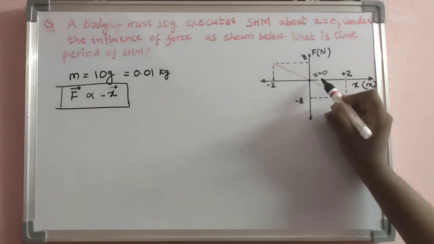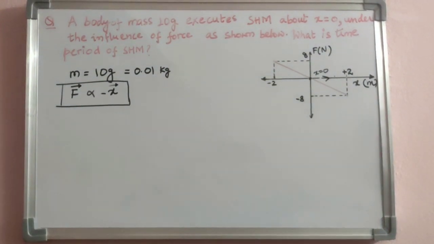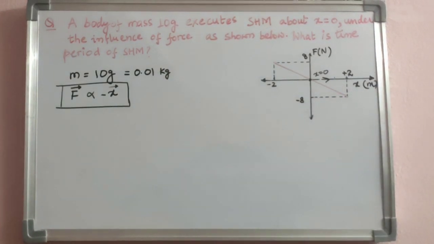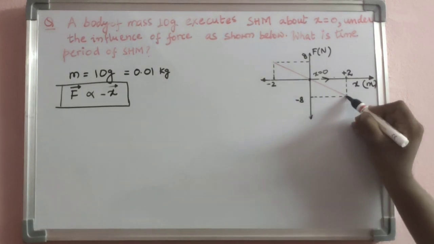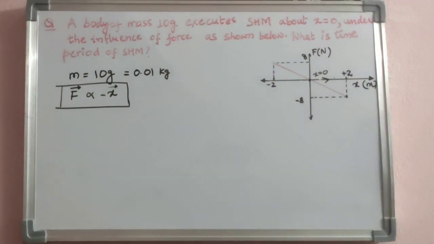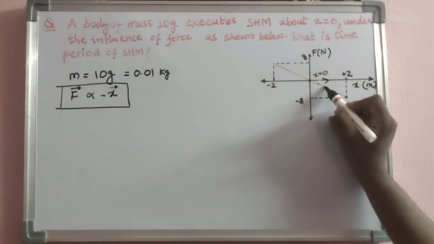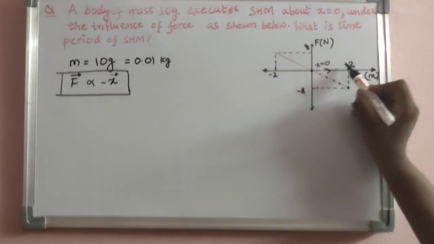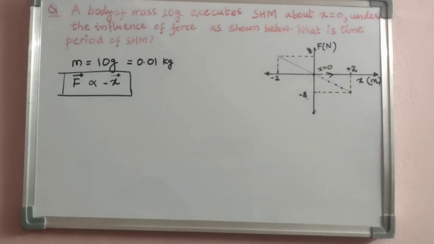Suppose the body moves from x equal to 0 towards x equal to plus 2. What happens there? The force acting on the body is -8. Wherever you take any point along the graph, when the displacement is positive, the force is always negative.